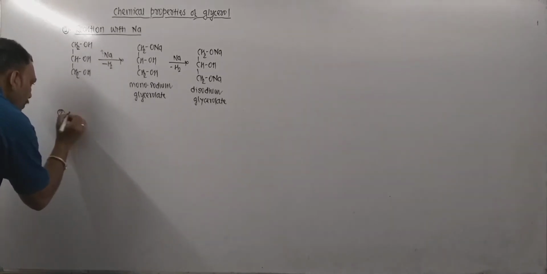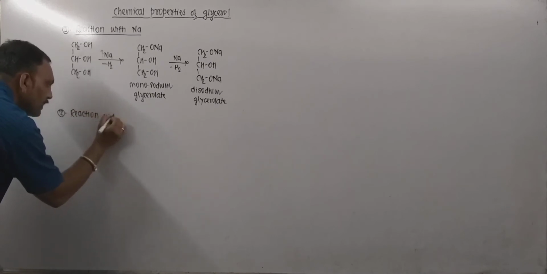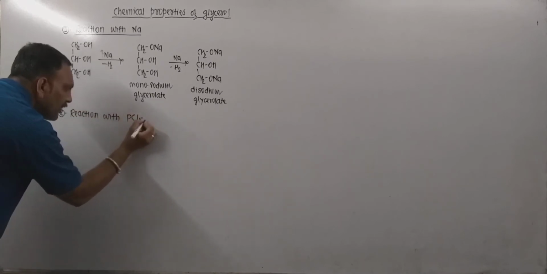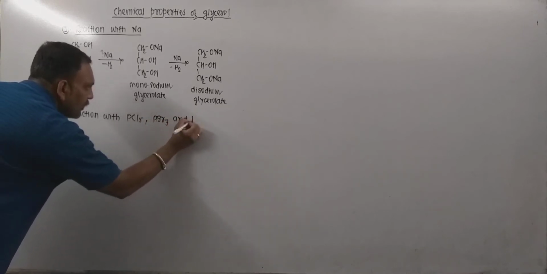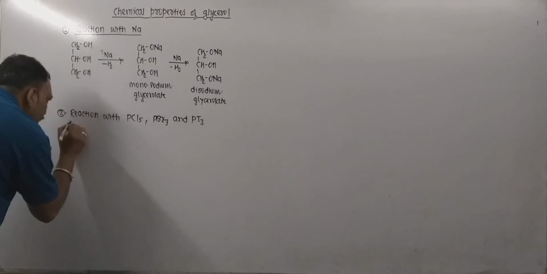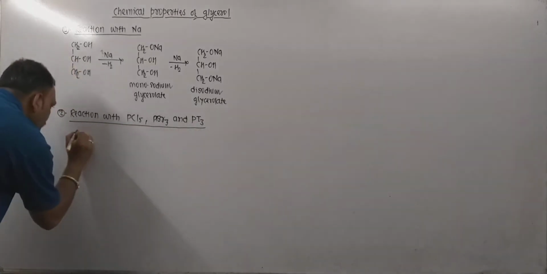Now next very important property is reaction with PCl5, PBr3 and PI3. Now remember, PCl5 is better chlorinating agent.